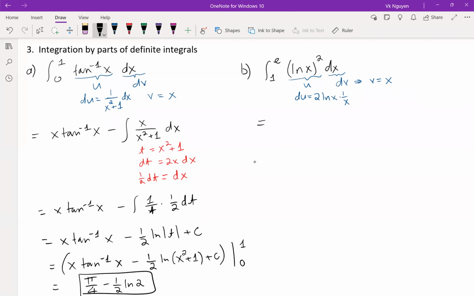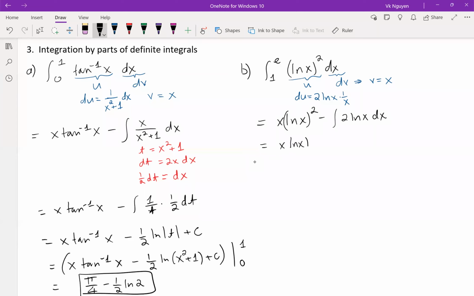The integral here will become uv, so that would be x times ln x squared, minus the integral of v du, 2 ln x dx.